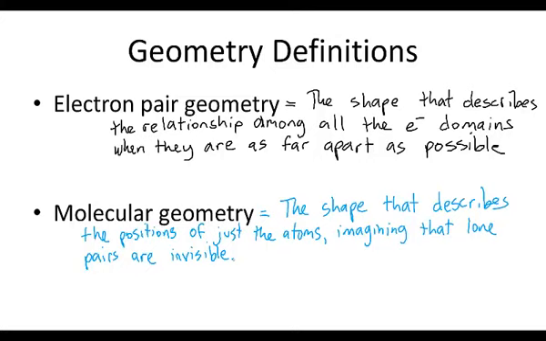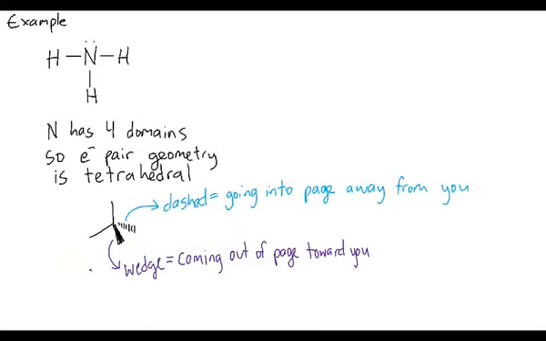So going back to the example of NH3, if NH3 is tetrahedral, but one of those positions is occupied by a lone pair, if I imagine that lone pair is invisible, so here's my tetrahedral structure. It's got nitrogen in the middle.